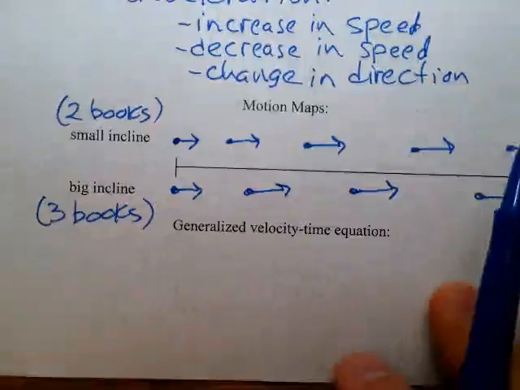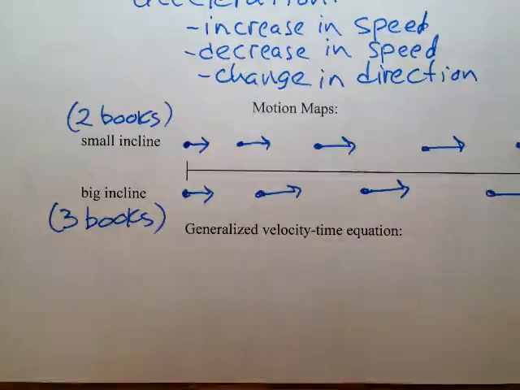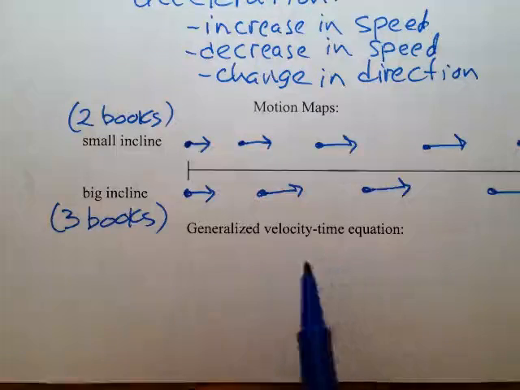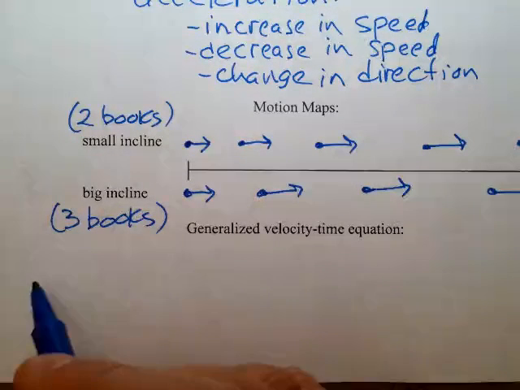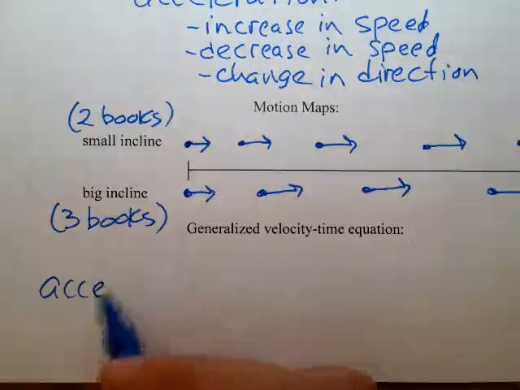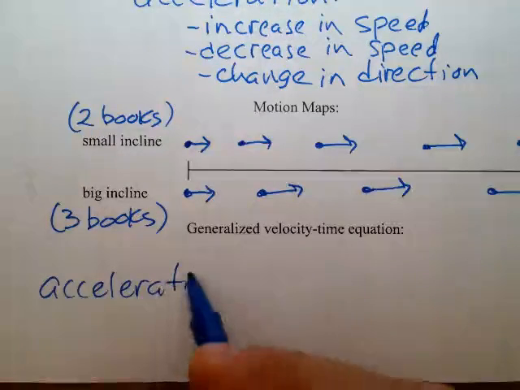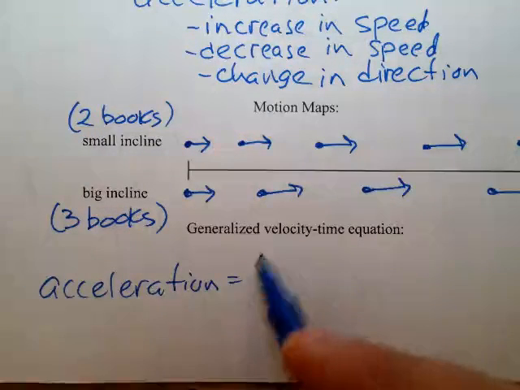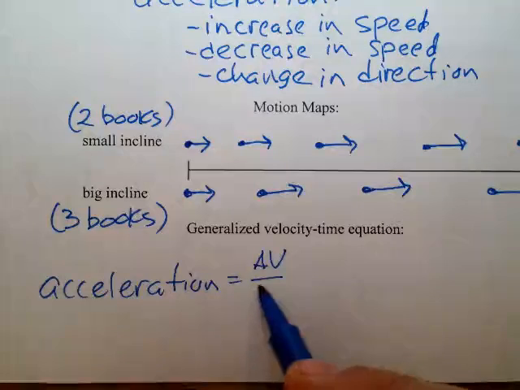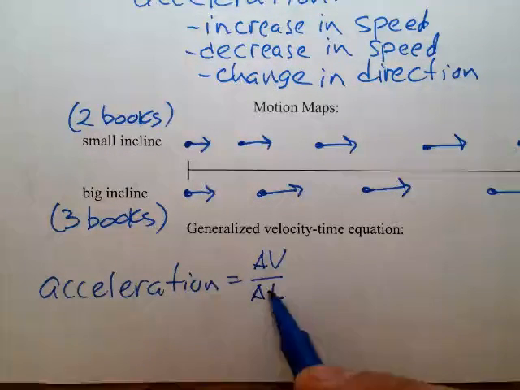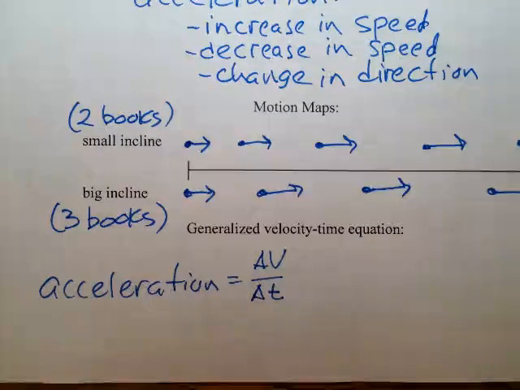Now let's move on to the last part of this first page, and that is a generalized velocity time equation. And again, we're going to write this out. Acceleration is equal to the change in velocity over change in time, meters per second or centimeters per second.